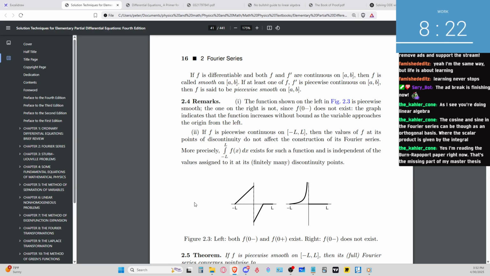If f is piecewise continuous on negative L to L, then the values of f at its points of discontinuity do not affect the construction of its Fourier series. More precisely, the integral from negative L to L of f of x dx exists for such a function and is independent of the values assigned at its finitely many discontinuity points.